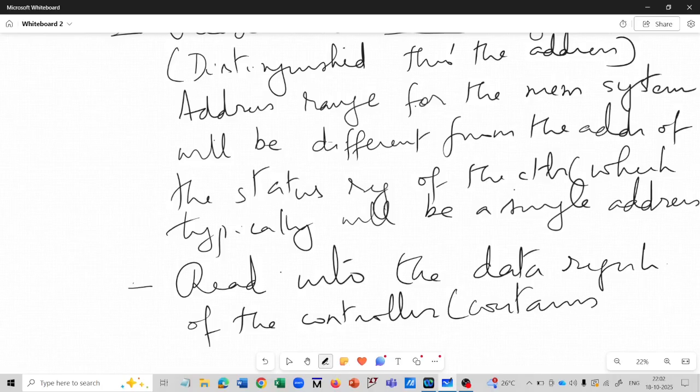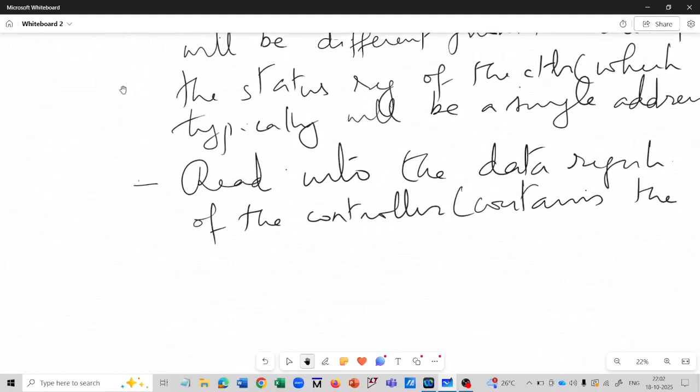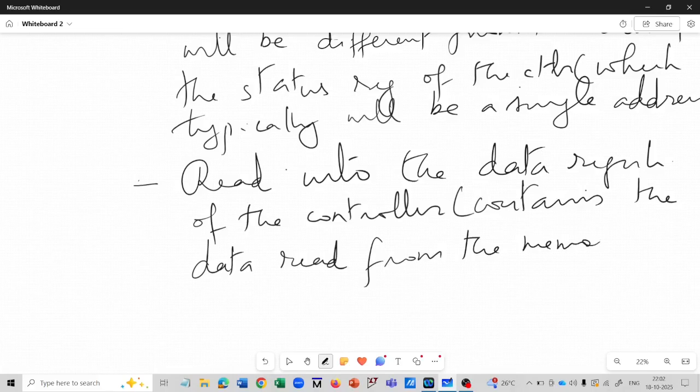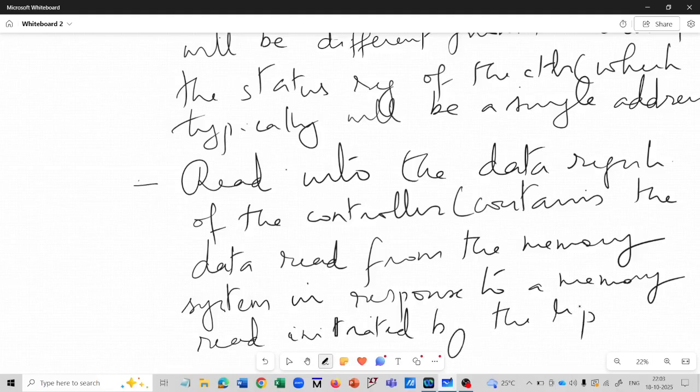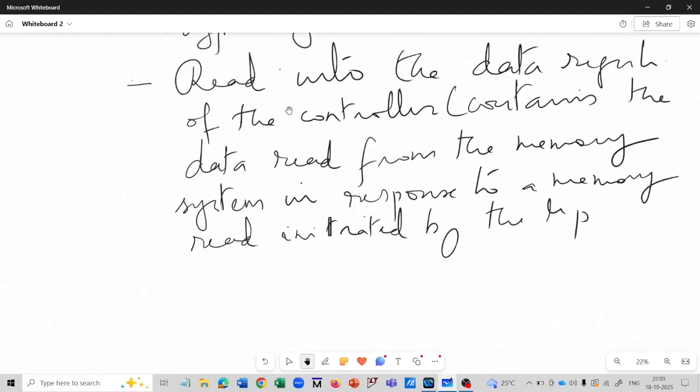Because it contains the data read from the memory system in response to a memory read initiated by the processor earlier.